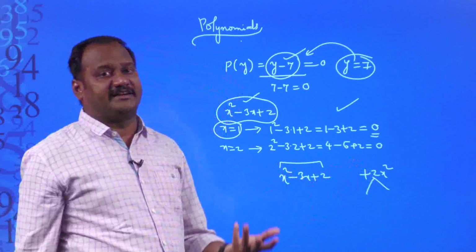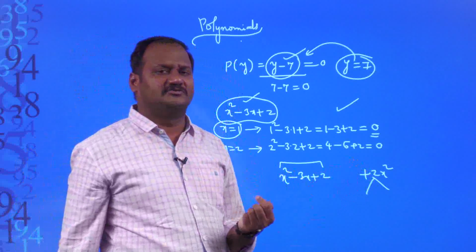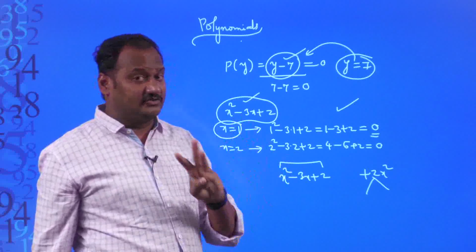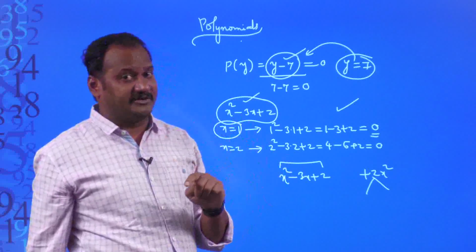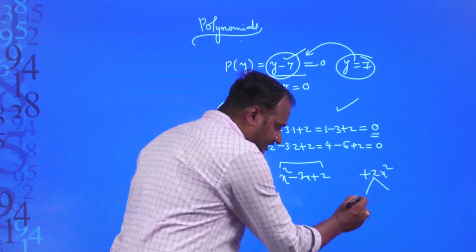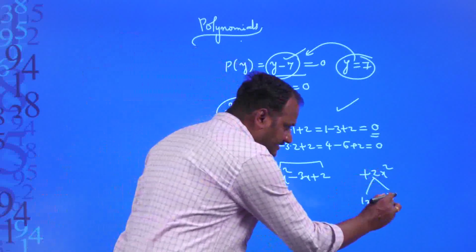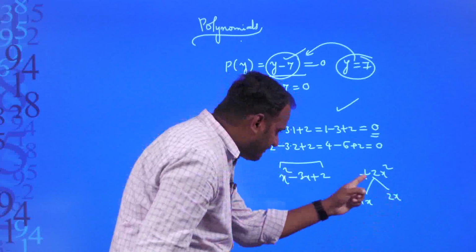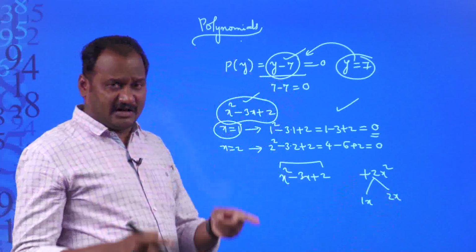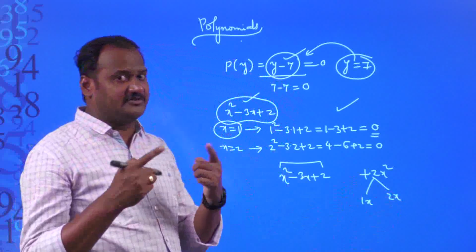For that you need to factorize 2. What are the factors of 2? 1 and 2 are the only factors. When you add 1 and 2, you will get 3. When you multiply 1 and 2, you will get 2. So the factors of 2x square are 1x and 2x. But see here, the product is positive. When the product of two terms is positive, either both of them are positive or both of them are negative.